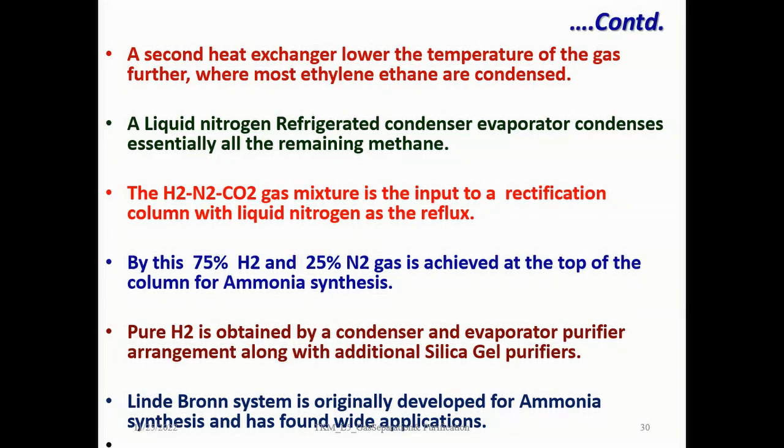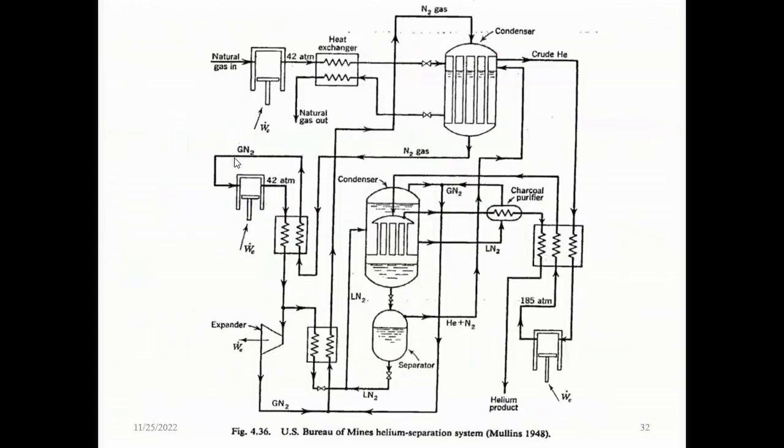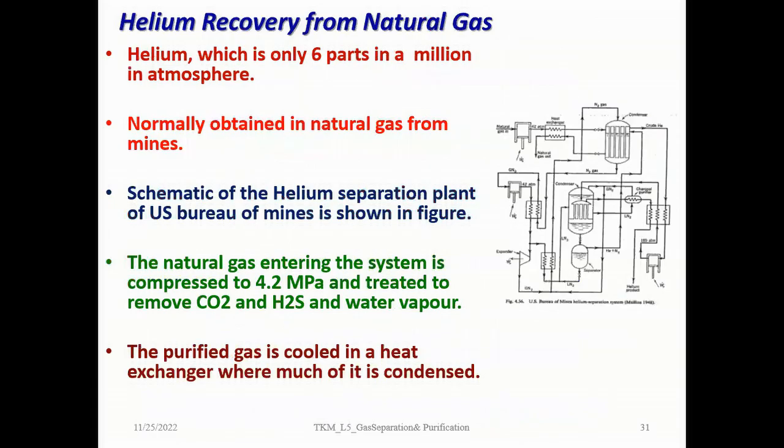Okay, let's talk about the helium recovery from natural gas. Helium is available only at 6 parts per million in the atmosphere, and hence helium is obtained from natural gas sources from mines, and a schematic of the helium separation plant of the US Bureau of Mines is shown in this diagram.